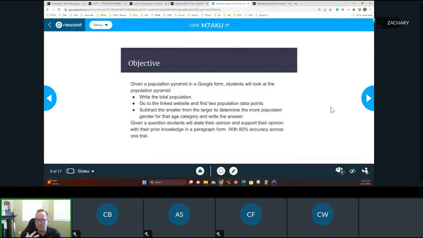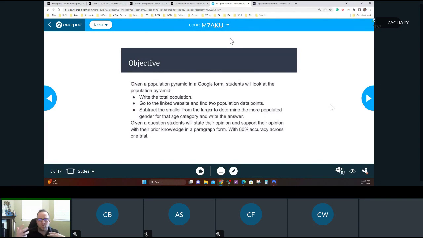We're going to look at different types of data points and be able to infer things from those. For example, what's the trend going to be in the population? Is it going up? Is it going down? Is it staying flat? What happened to this generation? Why are there not as many babies being born as there were before?